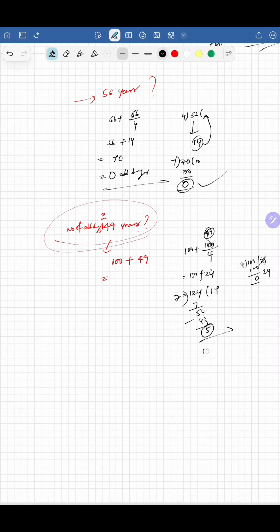Here in 100 years, 5 odd days are there. Plus, in 49 years how many odd days are there? Again you can count 49 plus 49 by 4, which is 12. So 49 plus 12 is 61 now.